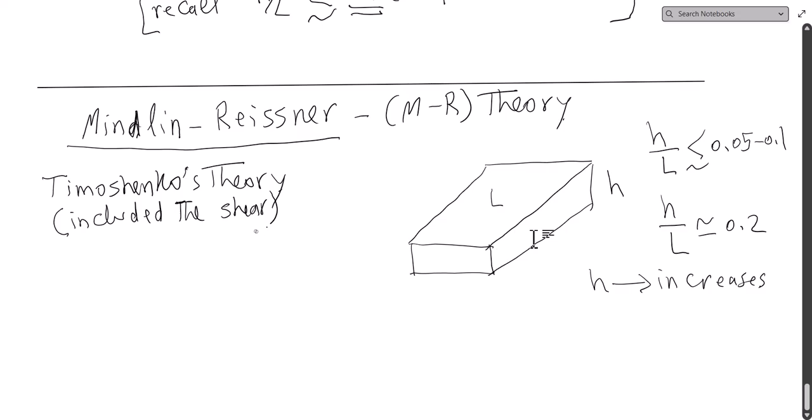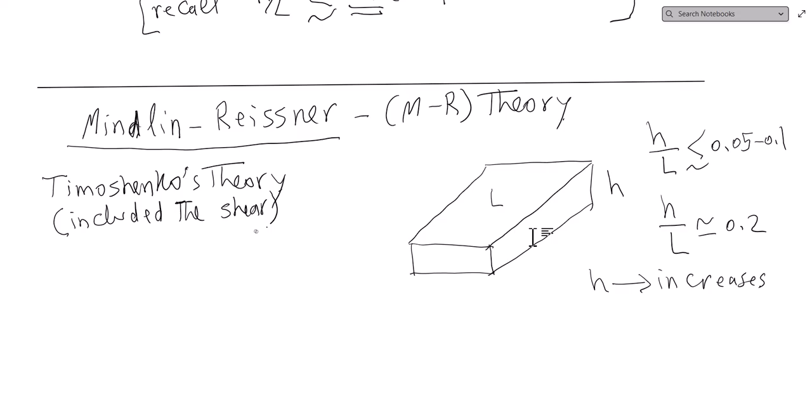So in plates, we would like to relax our kinematic assumption such that the resulting strain and stress, when we calculate those, give us the shear strain and of course the shear stress.